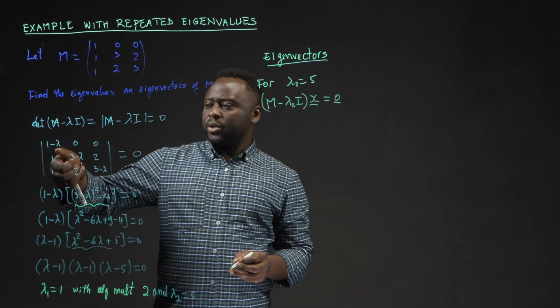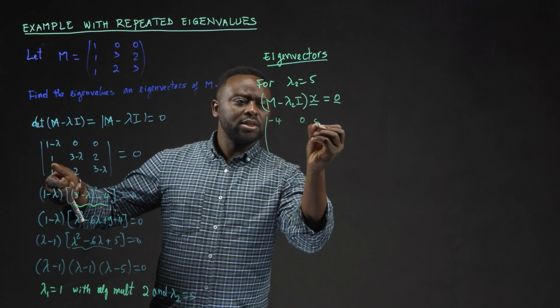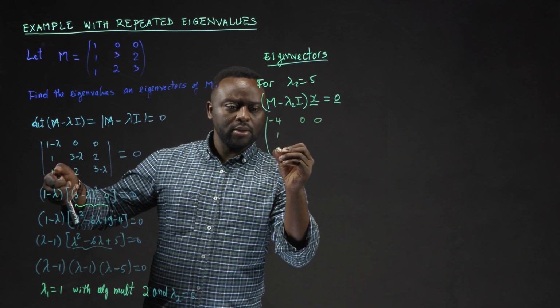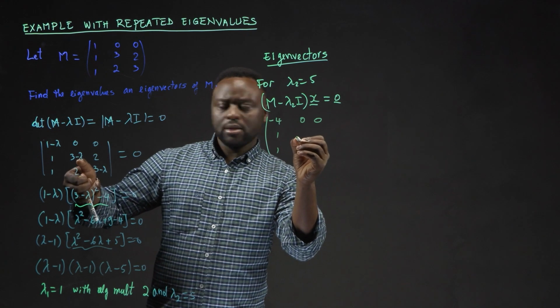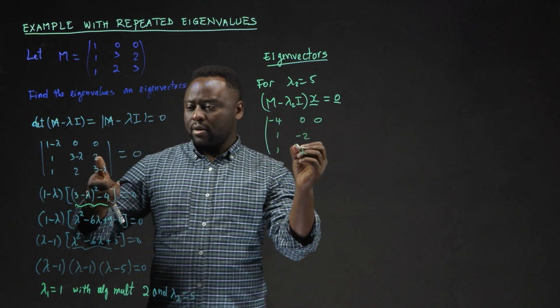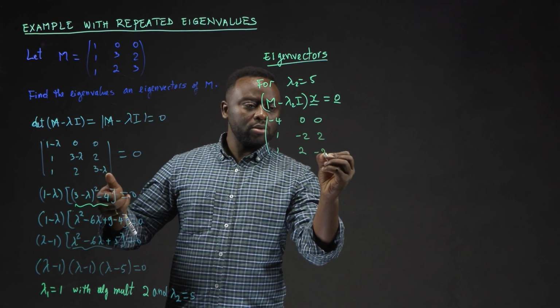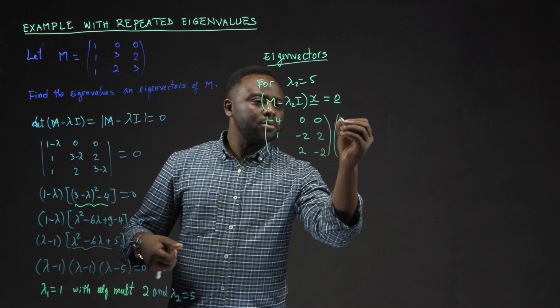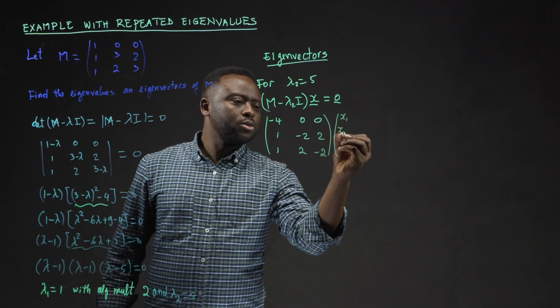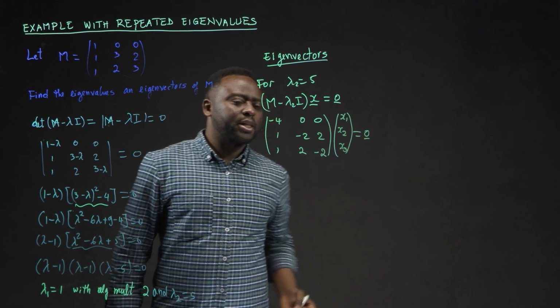Here we substitute lambda equal 5. The first row is minus 4, 0, 0. The second row is 0, minus 2, 2. And the third row is 0, 2, minus 2. We multiply this by x1, x2, x3, and this is equal to the zero vector.